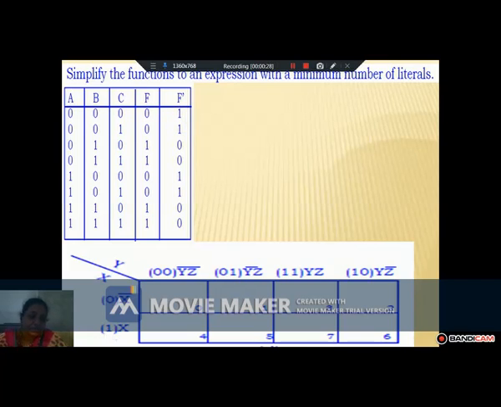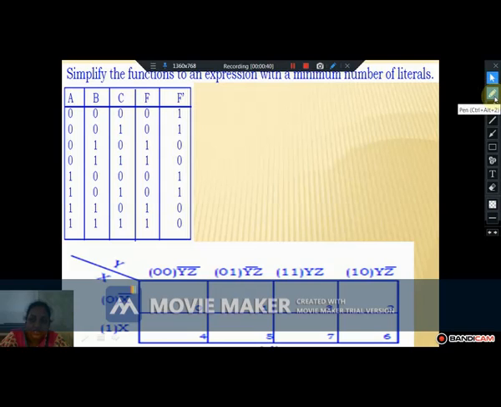Now we have a map with three variables ABC, which we will change to X, Y and Z because the map I have taken has XYZ labeling.